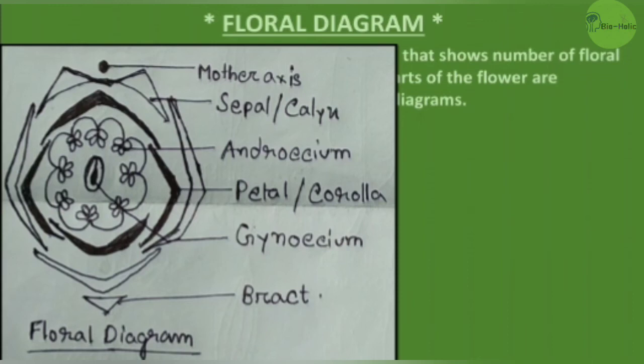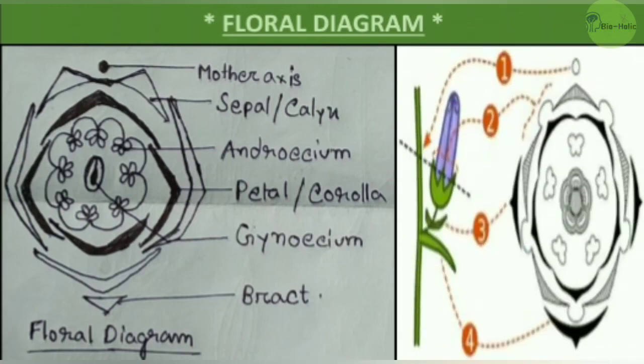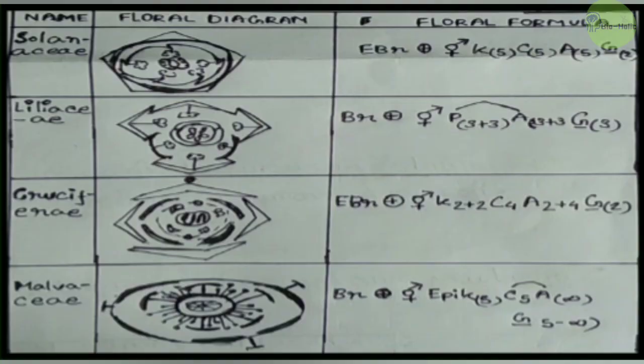Androecium is circled by the petal or corolla, the inner gynoecium and the bract. Number 1, number 2, number 3 and number 4 is shown in the diagram. Now, there are some common floral diagrams and floral formulae given for the Solanaceae, Liliaceae, Cruciferae and Malvaceae.